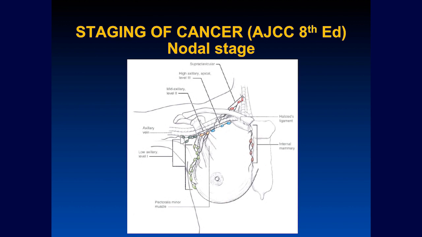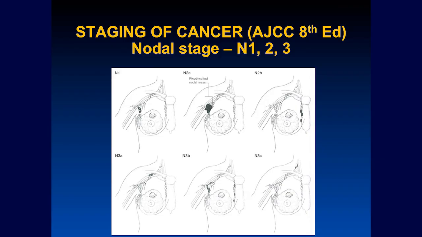Taking the T and the N stage together, we determine the stage of cancer. Stages 1, 2, and 3 are considered early stage and locally advanced, and stage 4 is considered metastatic, where cancer is out of the nodes and out of the breast, and is present in a visceral organ like the liver, lungs, or bones. So that's called metastatic disease.